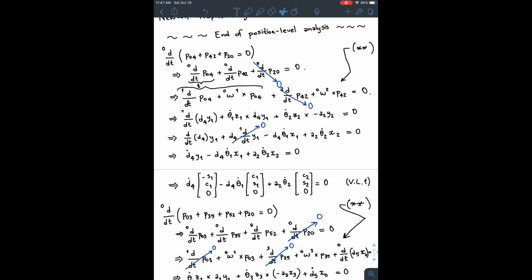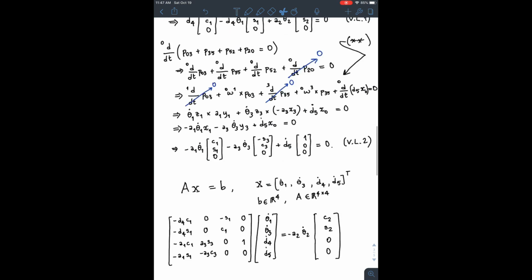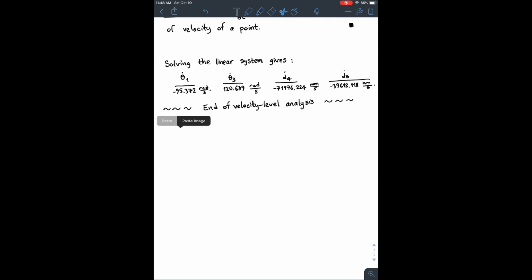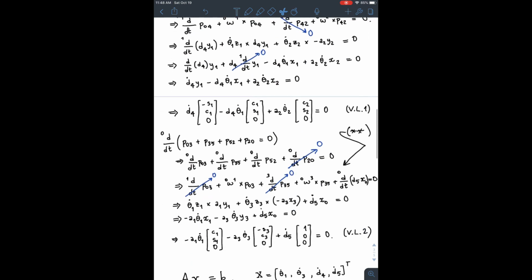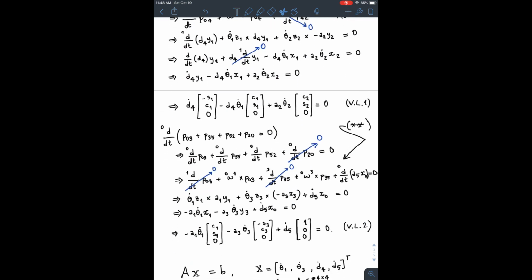So I'm going to take this one, if I can. This is going to be difficult to take, but let me try. Take this one, copy, paste. This is one of them. We'll modify it in a couple minutes at least. And we are going to take this particular one here.